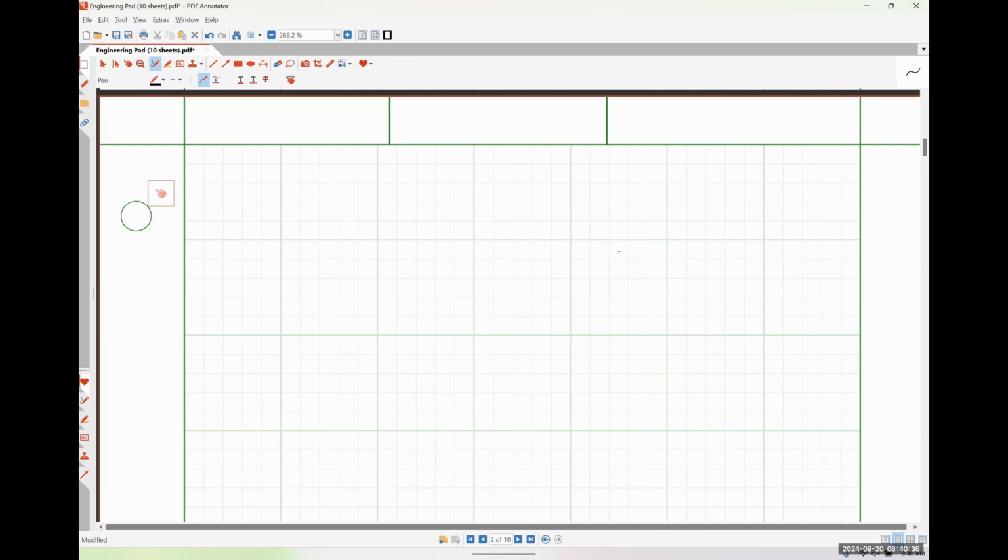So let's say that we have an 8-volt source here, a 15 ohm resistor.